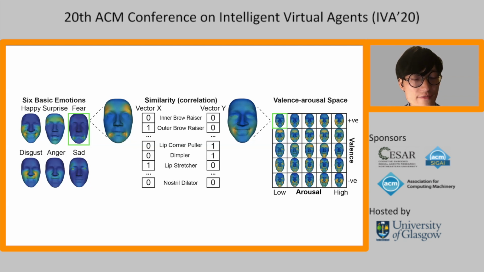Like the green frame shown here, for example, we correlate the facial expression of fear with the expression of low arousal and very positive by correlating the vectors between the two. After all the calculation, we get a distribution of how similar the expression of each emotion category is to each cell of the valence arousal space.